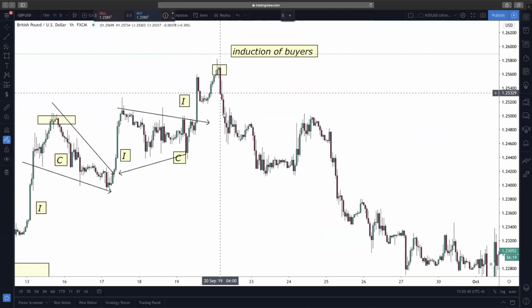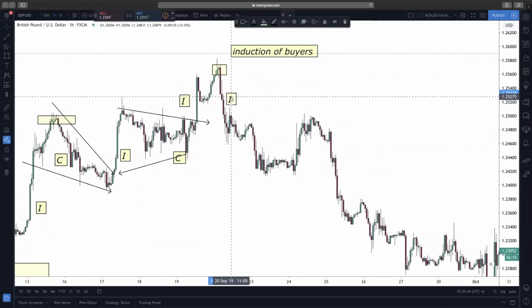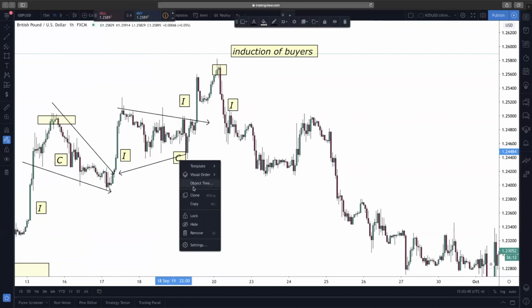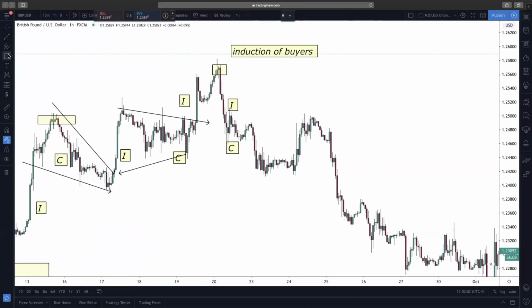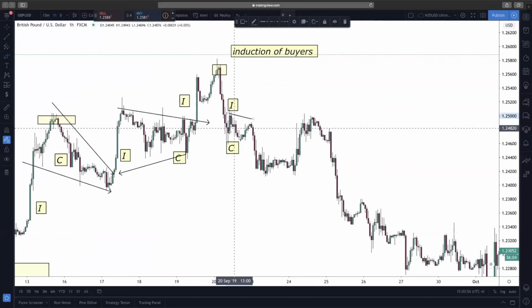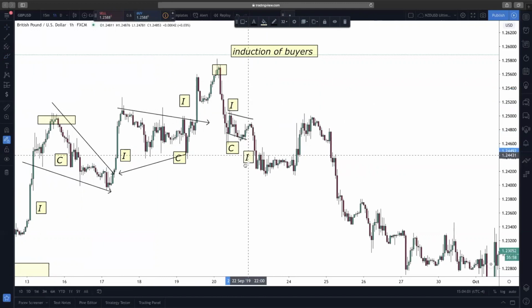So we have this impulse down. Once we have that induction of buyers, right, we have a small correction right here. This correction. Another small impulse back down. This is a very, very small one.